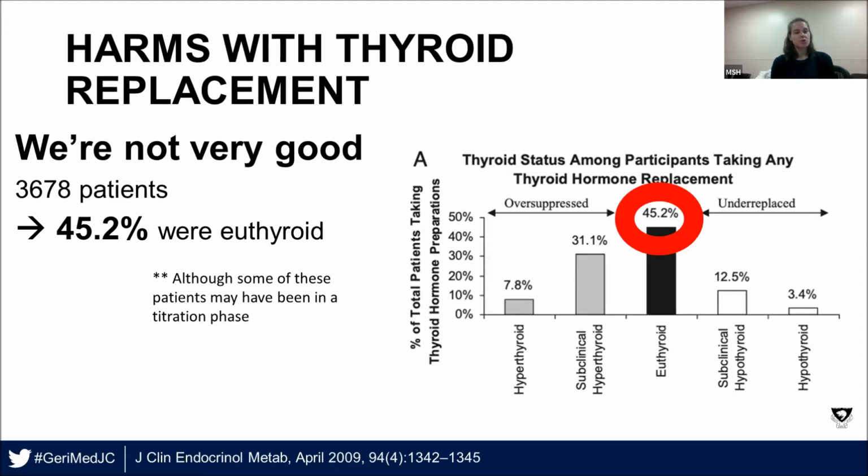And so we're not very good at replacing thyroid hormone. And the caveat to this is that some people may have been in a titration phase, but still in this particular paper, almost 40% of people were over-suppressed, and that has its own consequences.